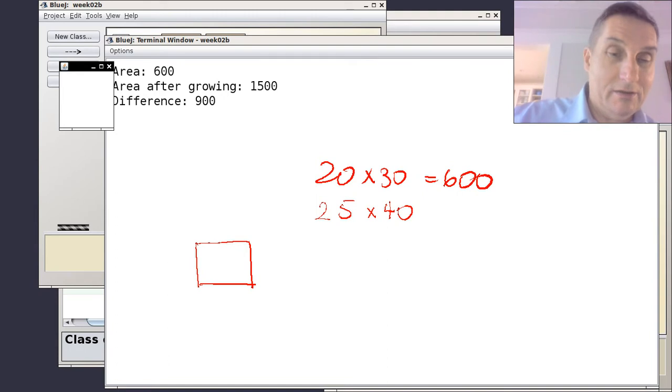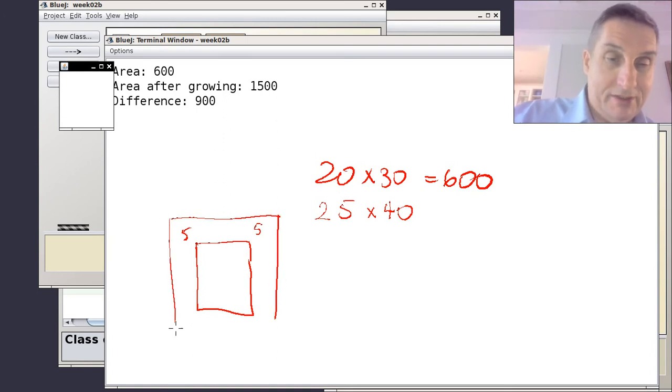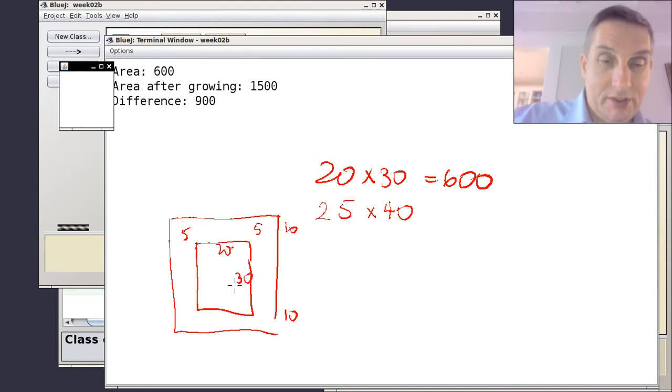20 by 30. Let me draw it to scale. And then we added 5 on either side and 10 on either side in the other dimension. So previously this was 20 and this was 30. So now our dimensions are 5 plus 5 plus 20, so that's 30 in this direction.